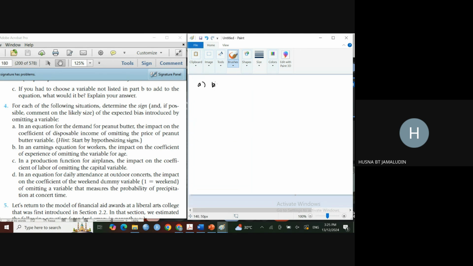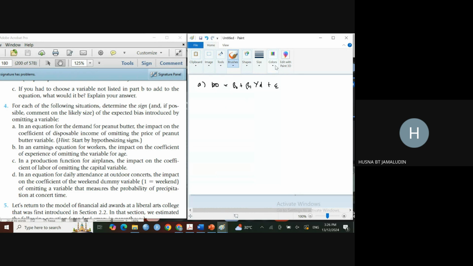So it's a function of, you can have beta naught plus beta 1. This is what we call the general equation. Beta 1 is disposable income, YD. Basically you should also have the price of peanut butter, but somehow the price of peanut butter was omitted. Then you only have the error term.